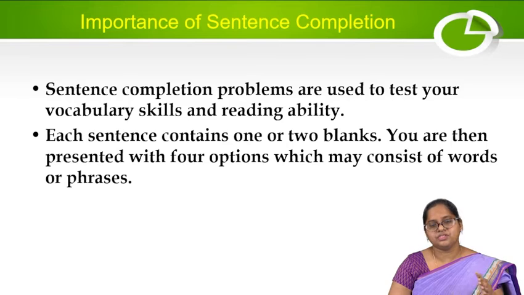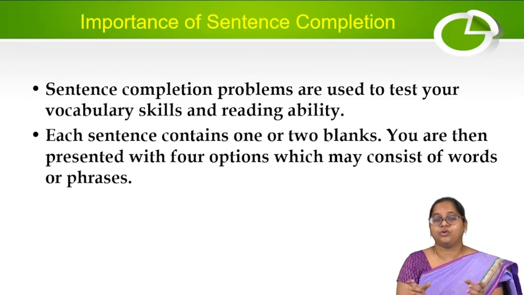Sentence completion means that the examiner or the paper setter might omit any kind of word, any vocabulary-based word or any grammatical structure. He removes one part of the sentence, or sometimes a complete phrase or clause.